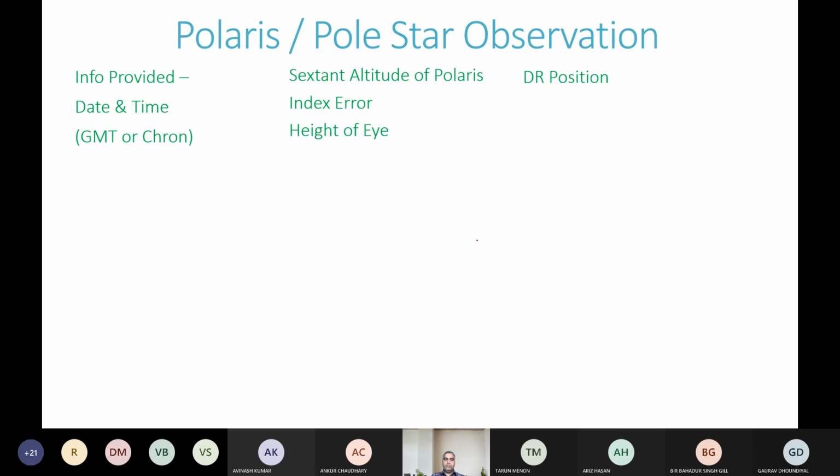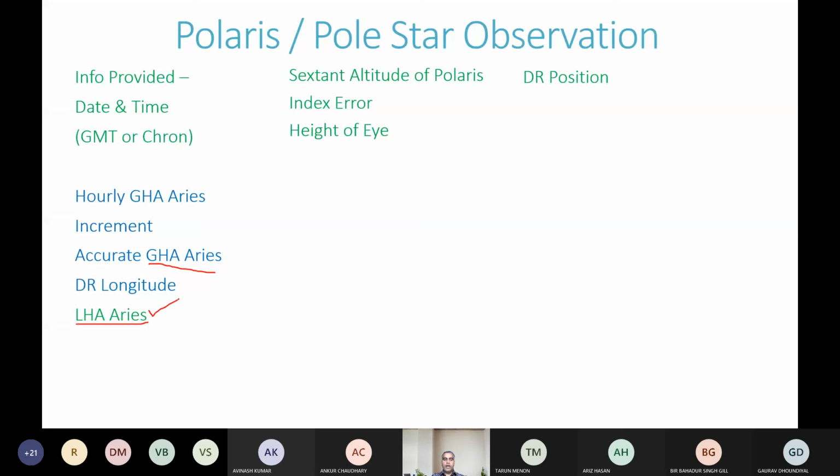So first step is the same. We enter into the almanac, find out the value of GHA Aries first, apply our longitude and get LHA Aries. This is what we require to enter into the table. Now we correct the altitude. So you correct it for index error, dip correction, you get the apparent altitude.